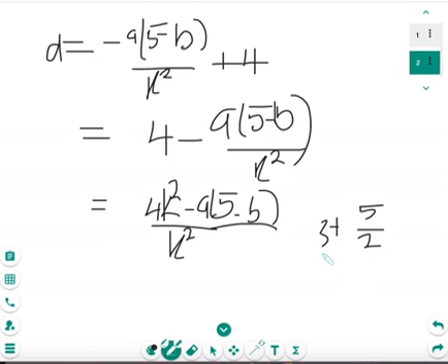The 3 is over 1. Every number is over 1. Sir, did you multiply k squared by 4?